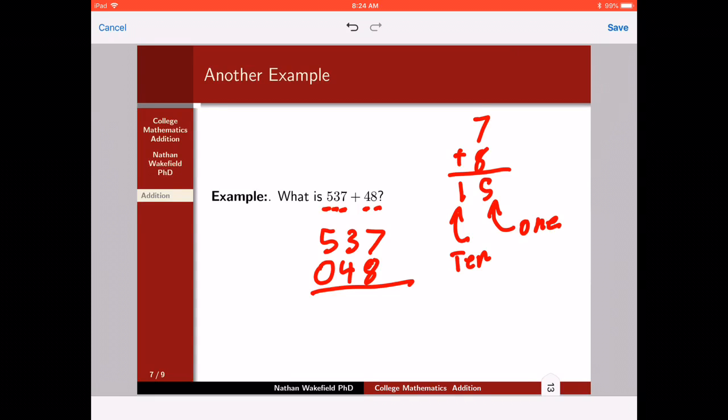So what am I going to do? Well, I'm going to keep track of my ones in my ones column, and then I'm going to put another 1 up here in the tens column. Here I'm going to say 1 plus 3 is 4, plus 4 is 8. And then 5 plus 0 is 5. So my answer is 585.